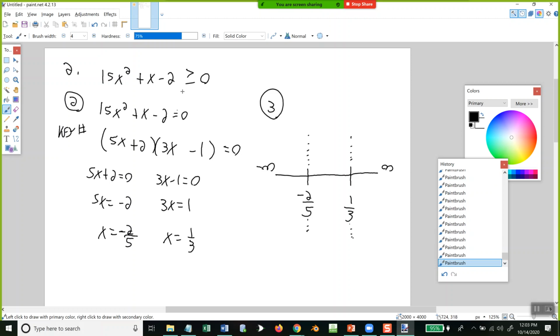Now, if I were to graph this, and some of these you don't have to graph, because you can see it. Remember, x² is a U-shaped graph, a parabola. A positive number in front of it means it opens up. Since it's U-shaped, opens up, and has to cross at these points, you know your graph's going to look like that.